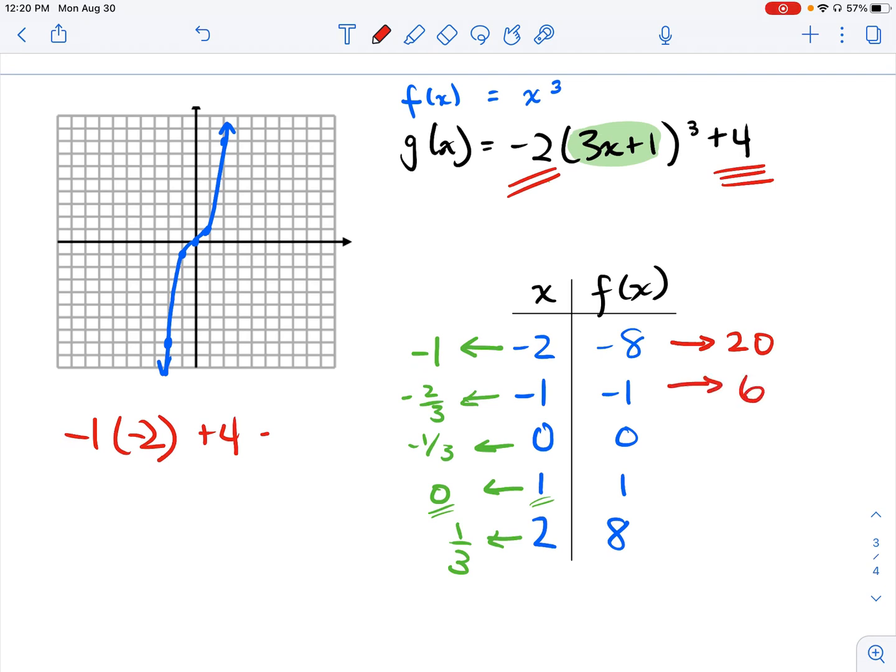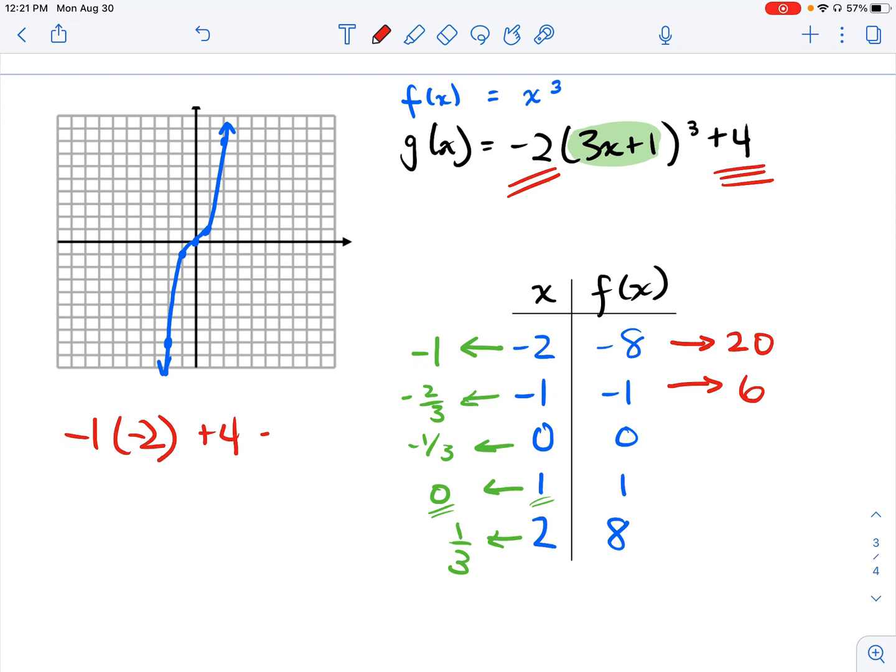And again, work through the transformations in your head. If I take -1 and I stretch it by 2, so -1 goes to -2, reflect it over the x-axis, -2 goes to +2, and then shift it up 4. Now we're at +6.